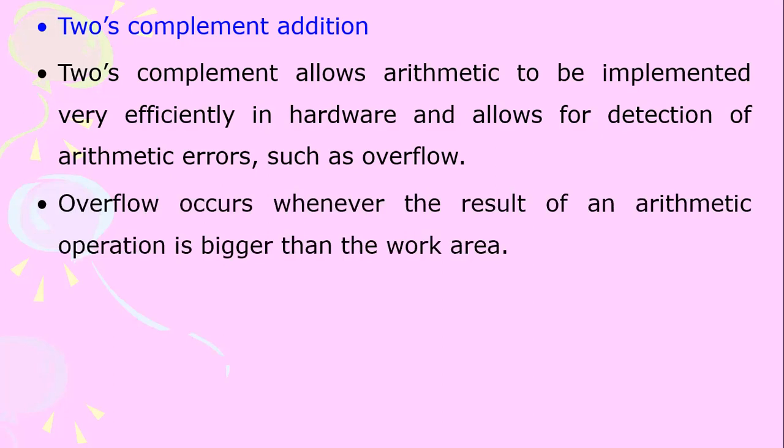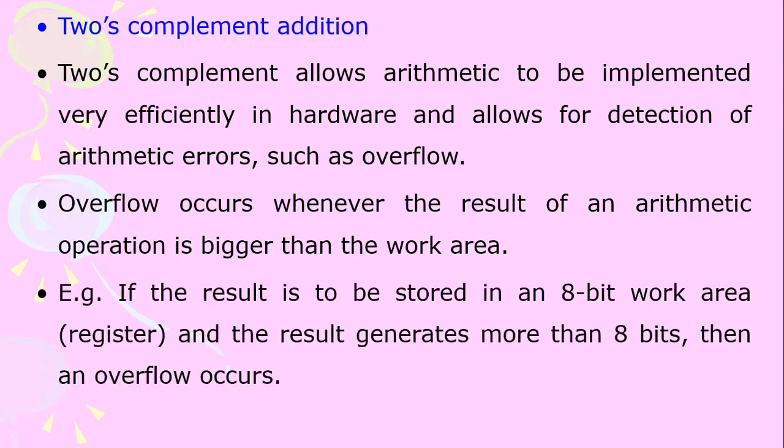Overflow occurs whenever the result of an arithmetic operation is bigger than the work area. For example, if the result is to be stored in an 8-bit work area or register, and the result generates more than 8 bits, then an overflow occurs.